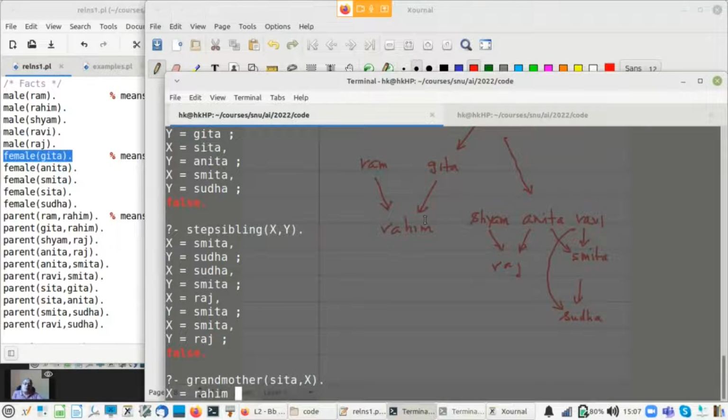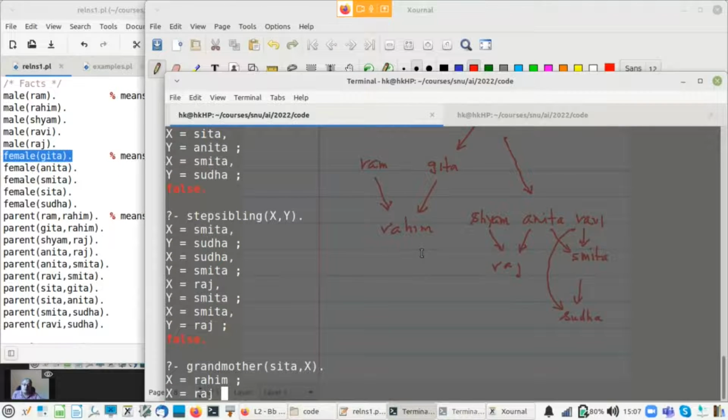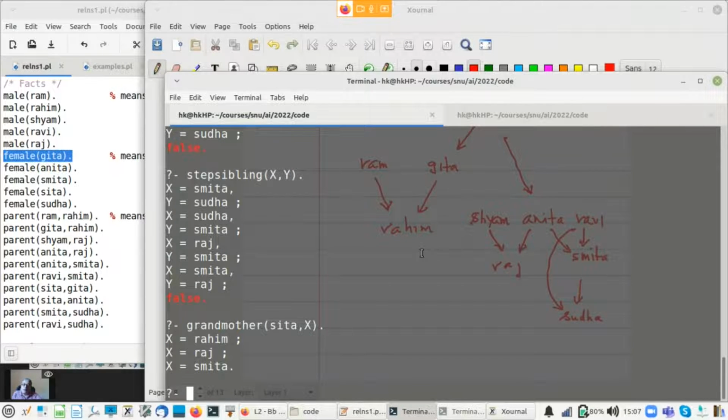Sita is a grandmother of Rahim, you can see that. Similarly, now Sita is a grandmother of Raj, because Anita is Raj's mother, Sita is Anita's mother, and X is Smita. So she is also a grandmother of Smita, right? Because Raj and Smita are step siblings, and so she's the grandmother of both of them.